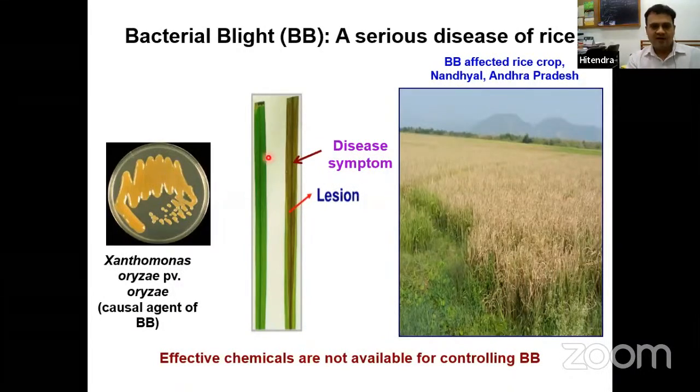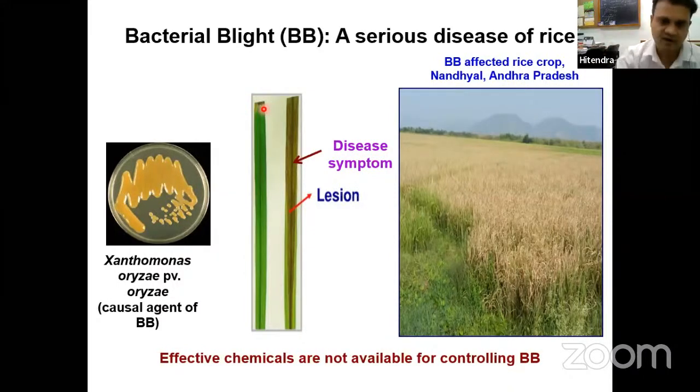When we inoculate a rice leaf with this bacteria, you can see two leaves here. This leaf is inoculated with just water. So how do we inoculate? We grow the bacteria in a liquid culture. We dip a scissor, a normal scissor, and then we make a cut on the rice leaf.